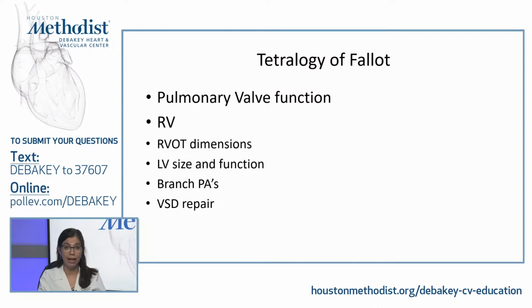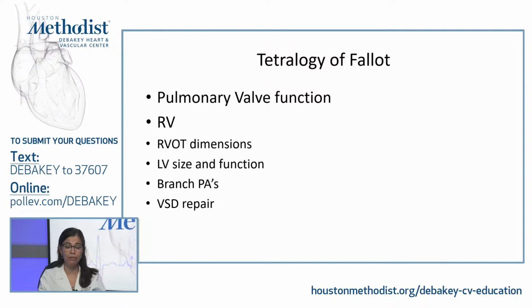We need to look at the RV size and function. When we're reporting the RV size, it's important to report the right ventricular end-diastolic volume index and the right ventricular end-systolic volume, because those are the measurements used to make clinical decisions. It's also important to quantify the RVOT dimensions.